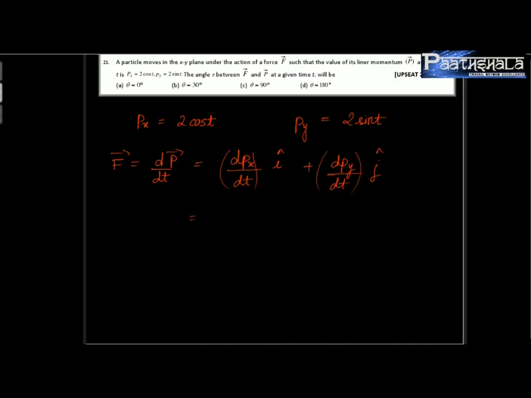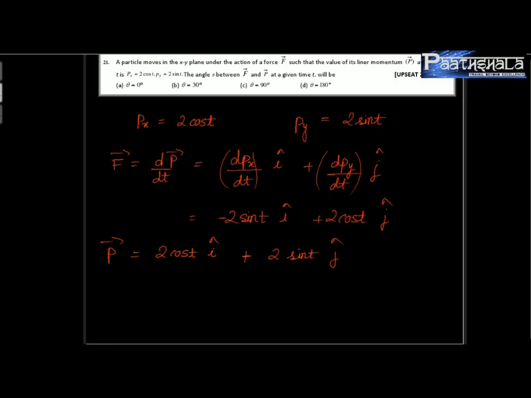So that implies minus 2 sin t i cap plus 2 cos t j cap, whereas the momentum vector is equal to 2 cos t i cap plus 2 sin t j cap.